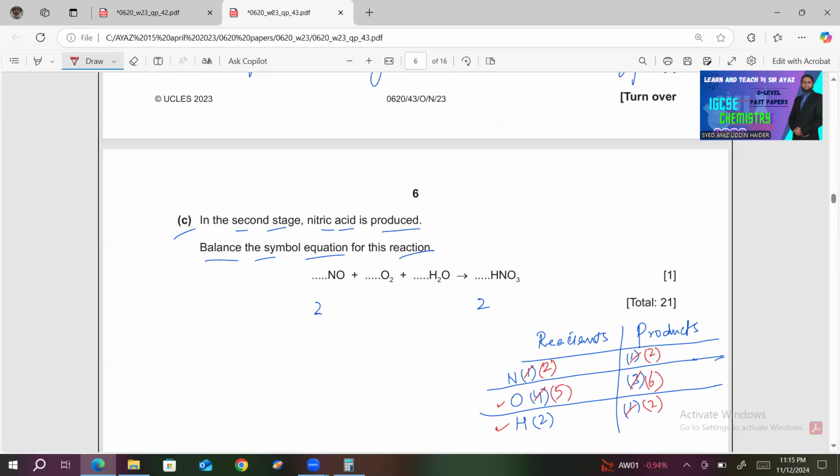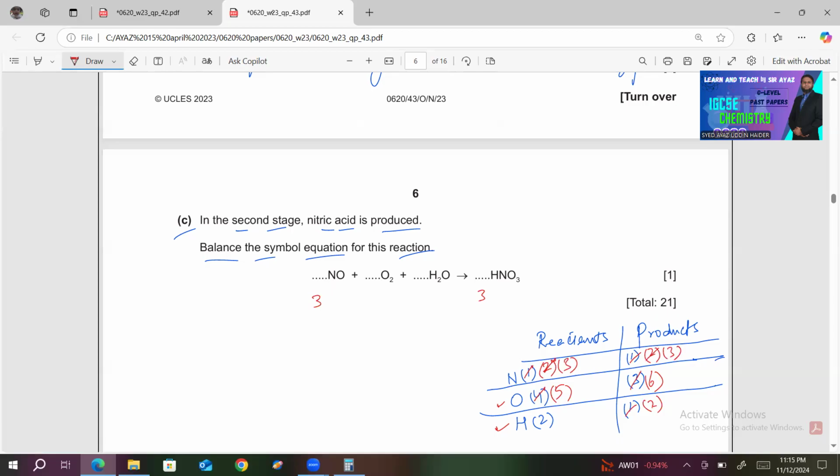Now, if you take 3 before NO2, we need to place 3 before HNO3. So we'll have 3 nitrogen on both sides.